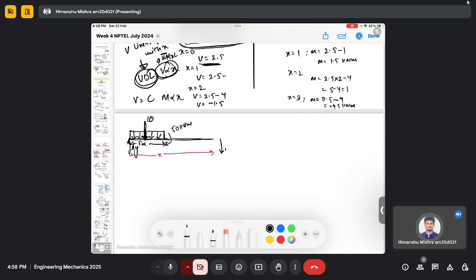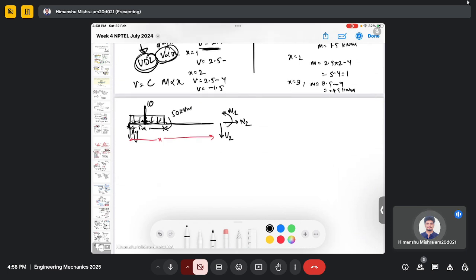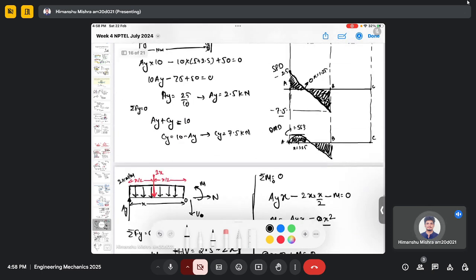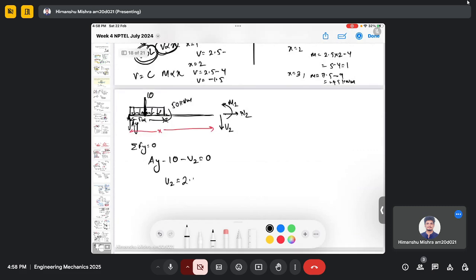This is my shear force, let's say V2, N2, M2. If I do the force balance in the vertical direction, Fy equals 0, I will have Ay minus 10 minus V2 equals 0. So V2 will be Ay minus 10. Ay is 2.5, minus 10, so V2 is minus 7.5 kilonewton.